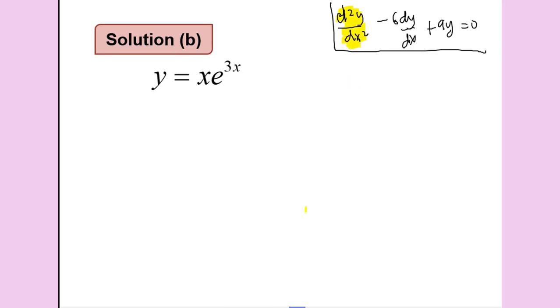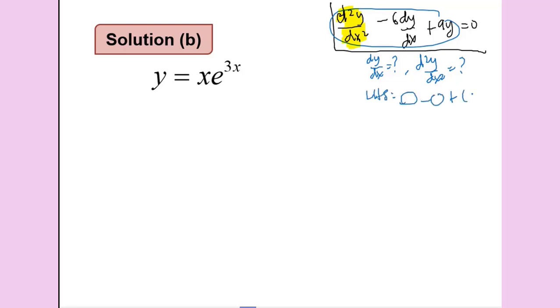Actually the usual method is you find dy dx, find d squared y dx squared, then this is the left hand side. From the left hand side, substitute, and show that it is equal to 0, same as the right hand side. This is the method.